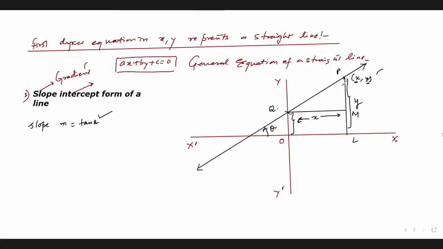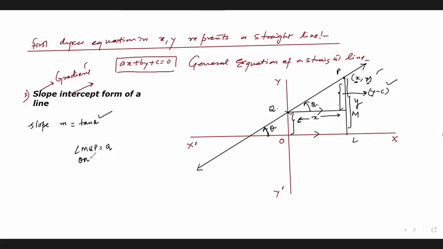If I want to mark my PM, what is PM? PM is nothing else but y minus c. As you know this angle is theta, this angle will also be theta as a corresponding angle. So angle MQP is also equal to theta, as QM is parallel to the x-axis and it's a corresponding angle.